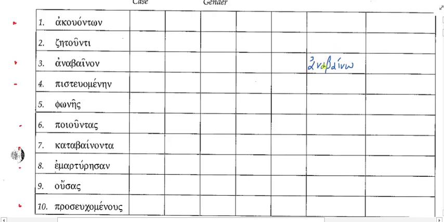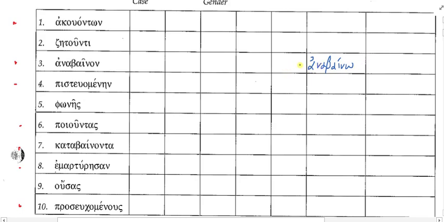Okay, it can have the sense of again. It can also have the sense of up. Up. And baino means to go, so anabaino means to go where? To go up. Kata means down. And katabaino means to go down or to descend.